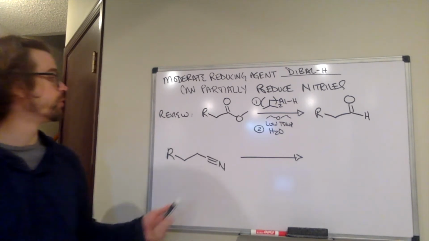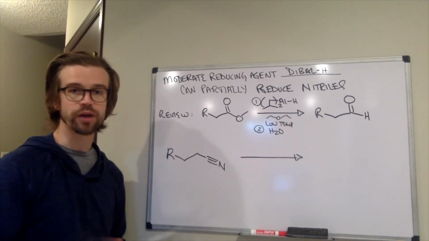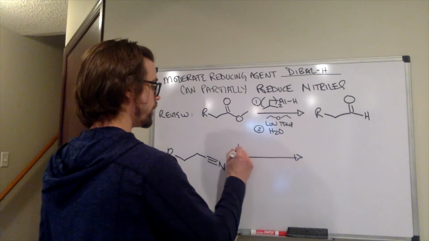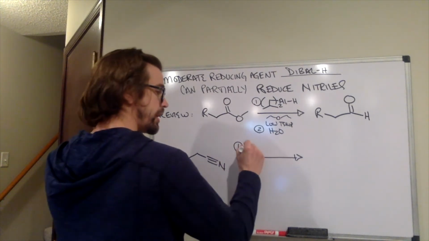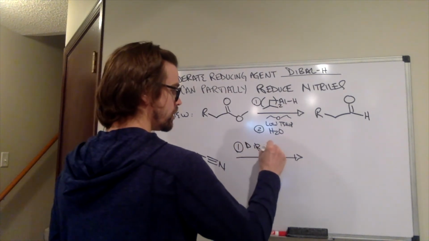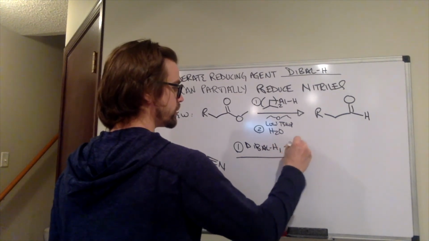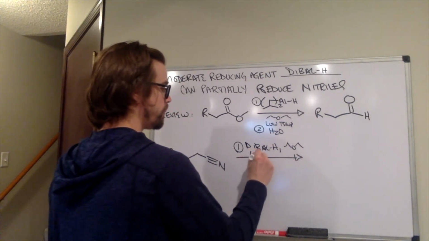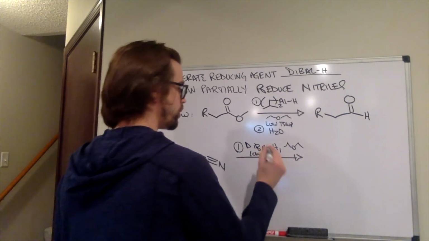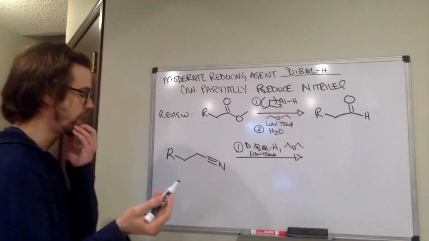So it turns out we can do a really similar thing with nitriles. We can start out with our DIBAL-H. We'll put our polar aprotic solvent in there and low temp. And it's going to do pretty much the same thing. So what was that?